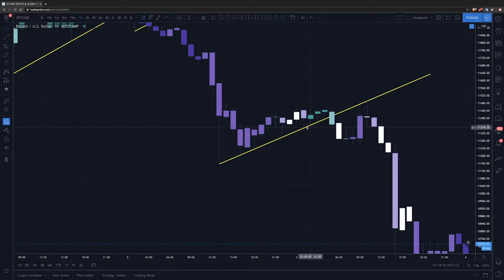So what you might have in this scenario is that anybody who has been watching this area for a break above here could say, okay, if price breaks above this line, and I'll just draw one in for you, we'll turn the magnet off.